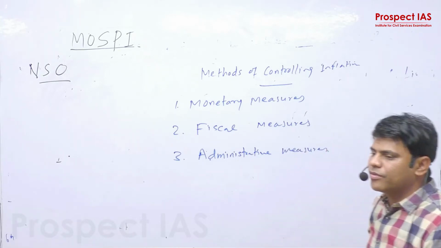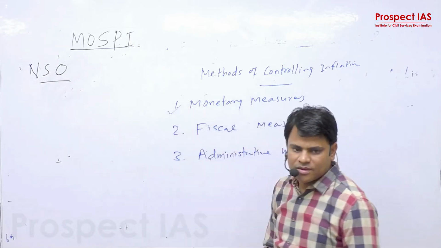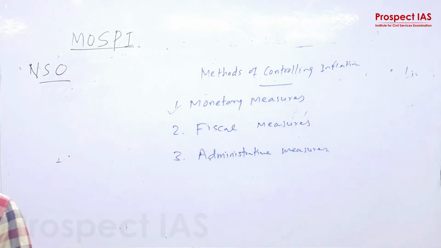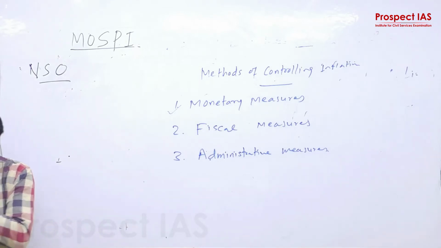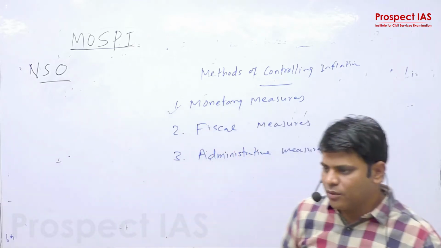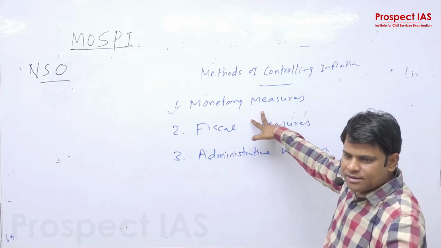We have already discussed monetary measures under the chapter of Reserve Bank of India, right? Just here we give you the summary of what Reserve Bank of India does under monetary measures to control inflation, है ना?